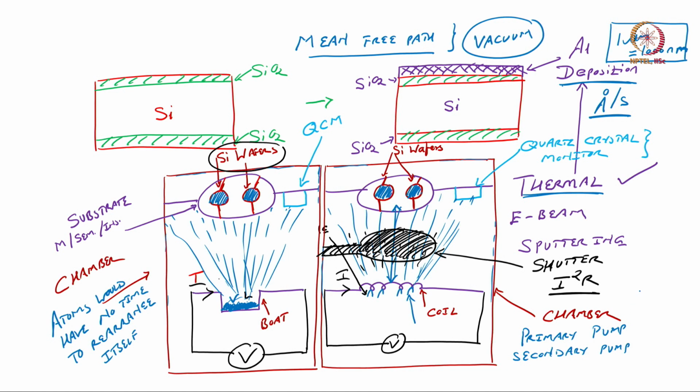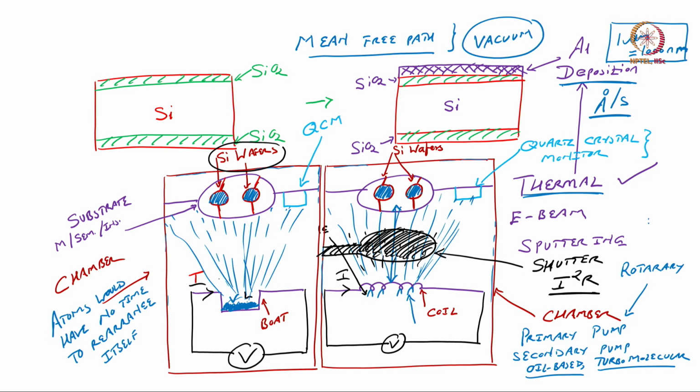Primary pump is generally a rotary pump. Secondary pump can be an oil based pump, can be a turbomolecular pump, or can be any other pump that can help us to improve the vacuum.